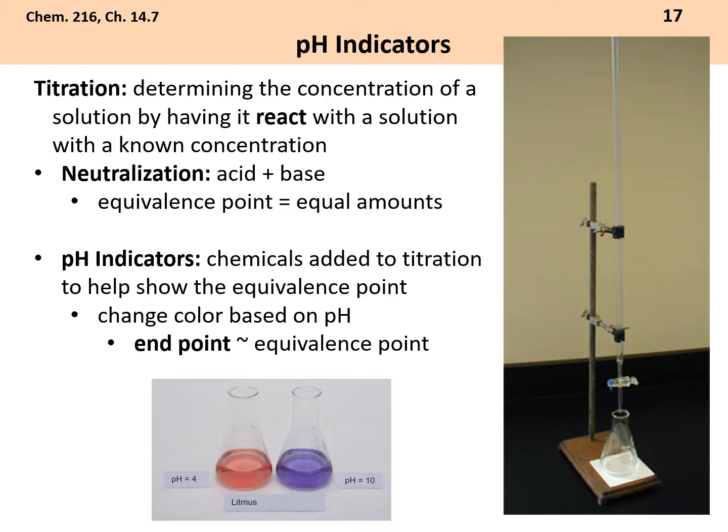They show it because they change color based on pH. For instance, this is litmus, which at one pH will be a reddish color. At another, it'll be purplish, and in basic conditions, bluish. So acidic, it's reddish; basic, it's bluish. And this is what we have in litmus paper.